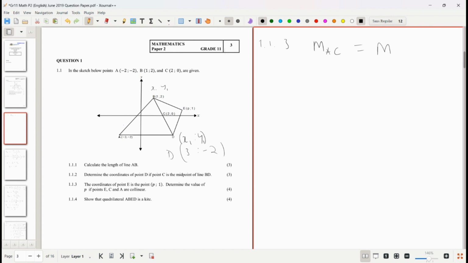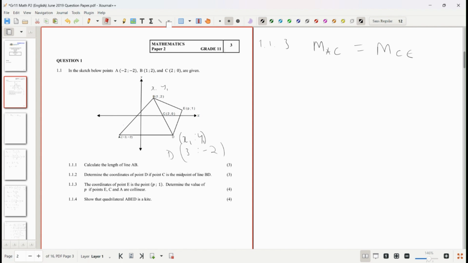Of CE. Why? Because they fall under the same line, the line joining all these points here, right? So all the points have the same gradient. So the gradient of AC and the gradient of CE have to be equal, right? Because they share the same gradient because they are in the same line, right?